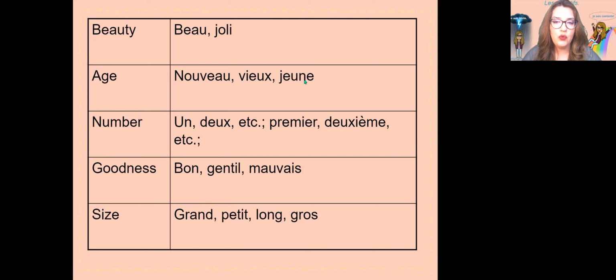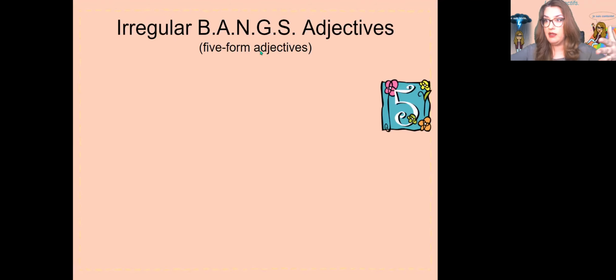Age: nouveau, vieux, jeune. Numbers: one, two, etc. Premier, deuxième, first and second, and so forth. Goodness: bon, gentil, mauvais. Mauvais means bad, of course, and the rest is obvious. Gentil is nice. Size: grand, petit, long, gros. Long means long, gros means big, as in fat.